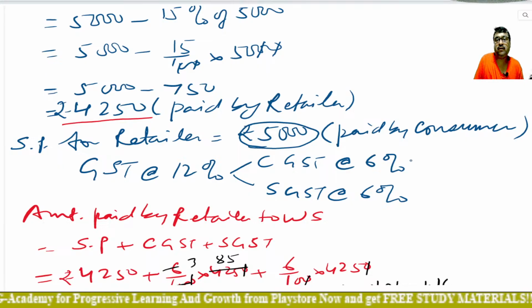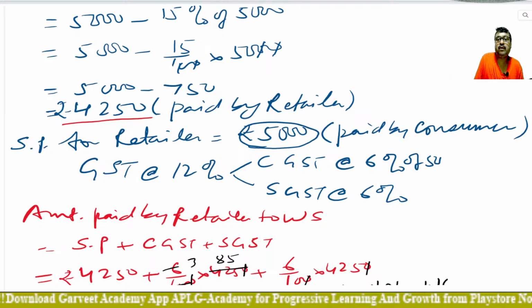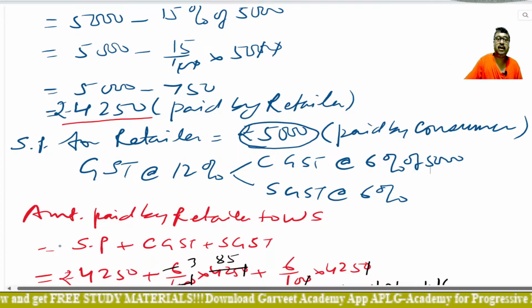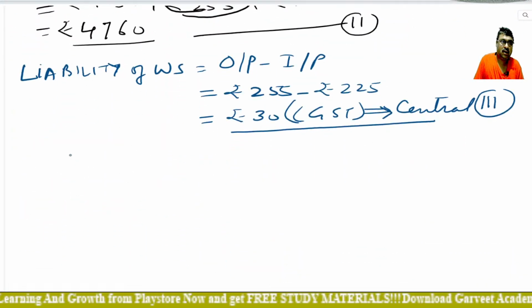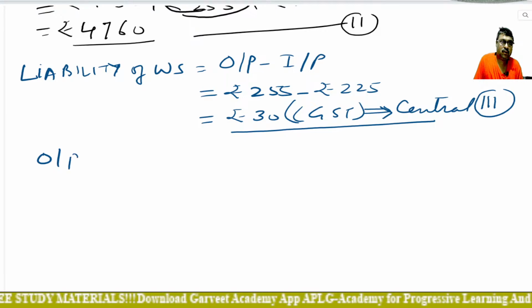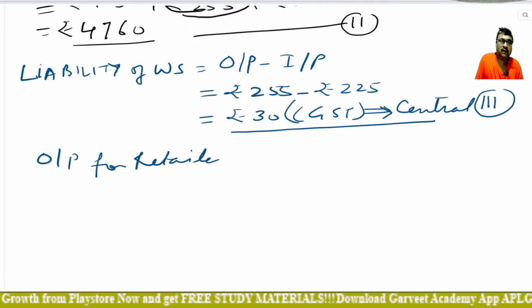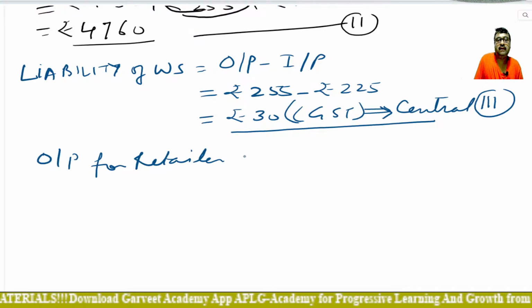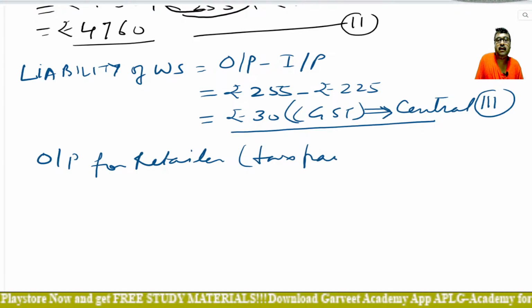So 6% of 5,000. So let's calculate the output for the retailer.